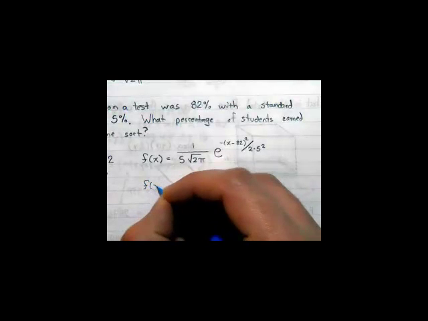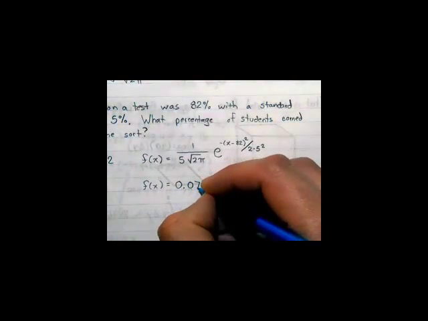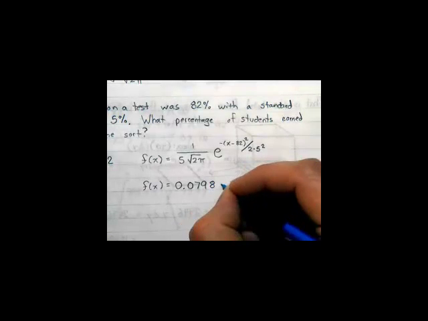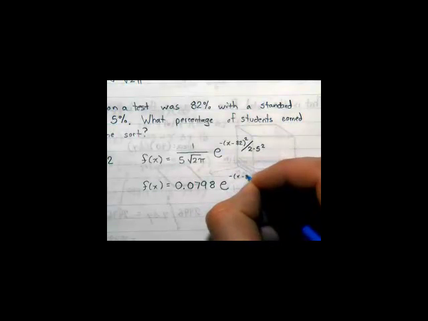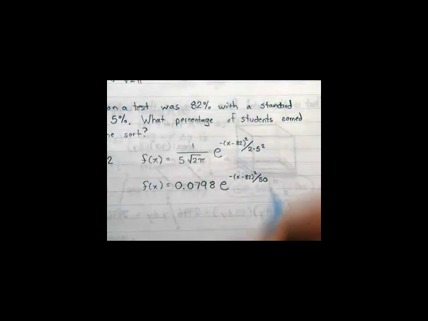So f of x is, let's figure out what 1 over 5 square root of 2 pi is real quick. Okay, so we got 0.0798. We round that off just a little bit. Then e, now this we got to keep the same, negative x minus 82 squared, and then that over 2 times 5 squared, 50.